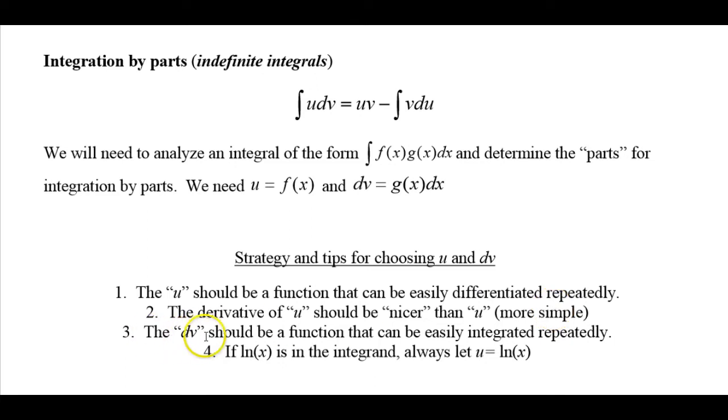The dv part should be a function that can be easily integrated repeatedly. And if the natural log of x is in the integrand, we're always going to let u be the natural log of x, because we don't have an integral for the natural log of x, but we do know the derivative of the natural log of x, which is 1 over x.